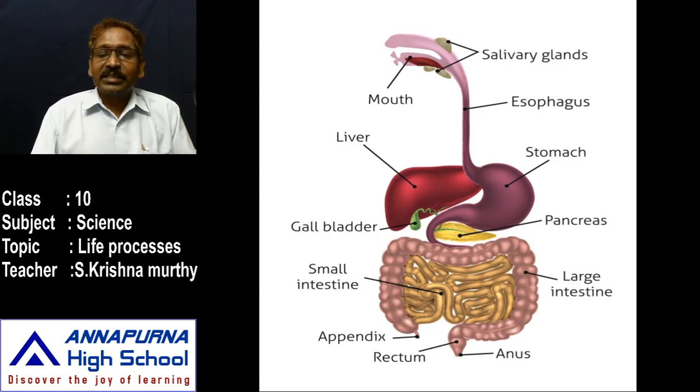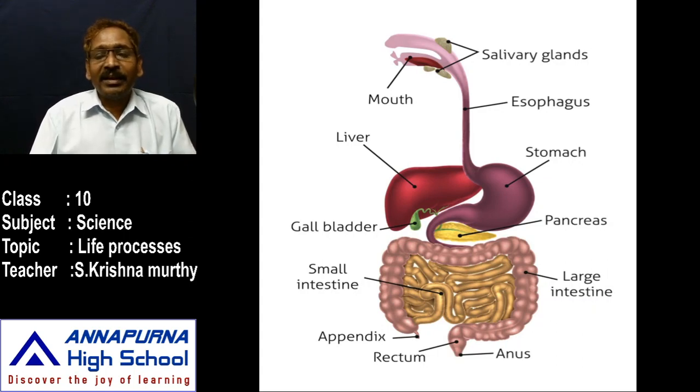It has numerous projections, and each projection can expand. Whenever the villi expand, the intestine can absorb more digested food material into the cells. What is digested in the small intestine is then sent to the liver.